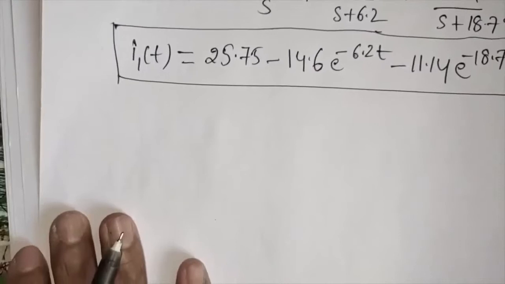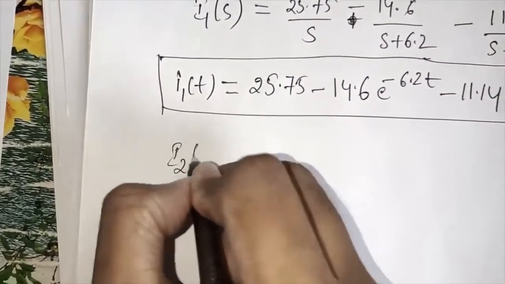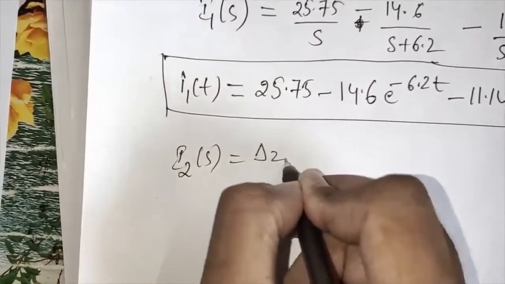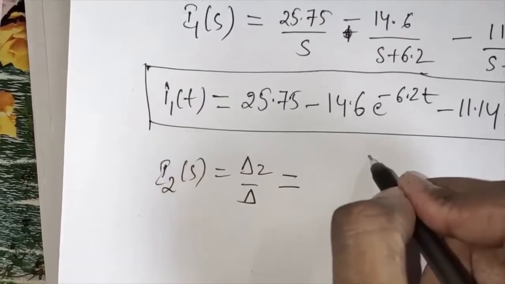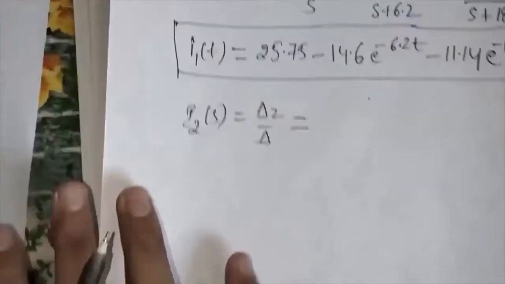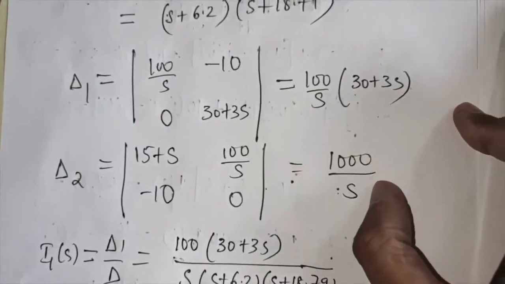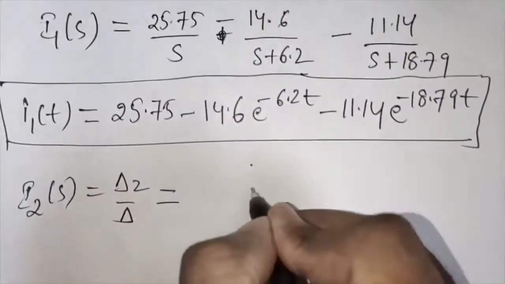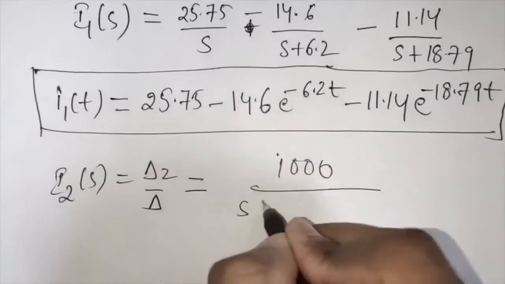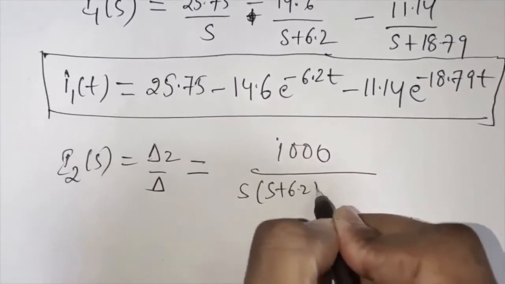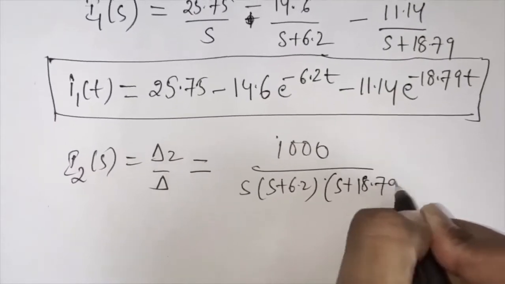Similarly, I2 of s is delta 2 by delta. Delta 2 I have got as 1000 by s, so it is 1000 divided by s into s plus 6.2 into s plus 18.79.